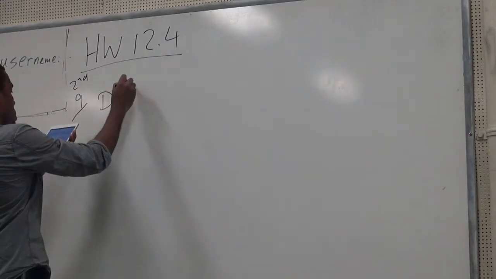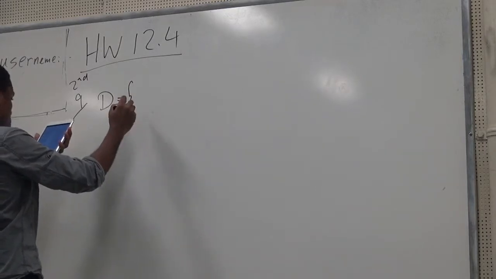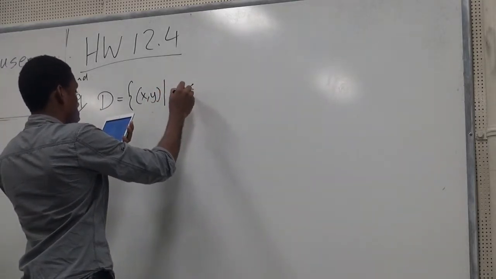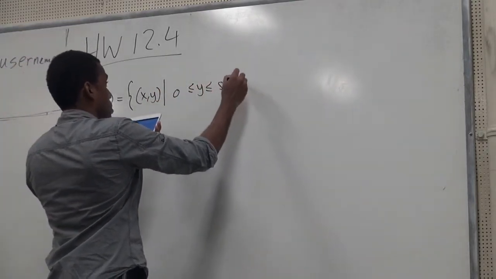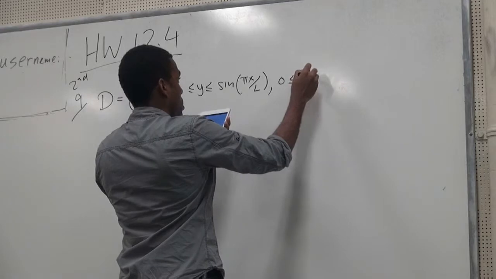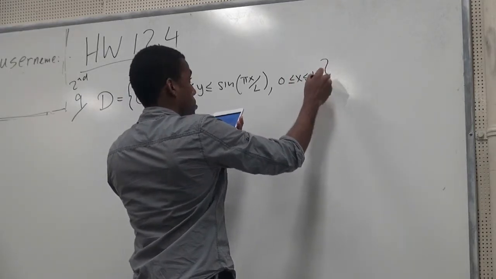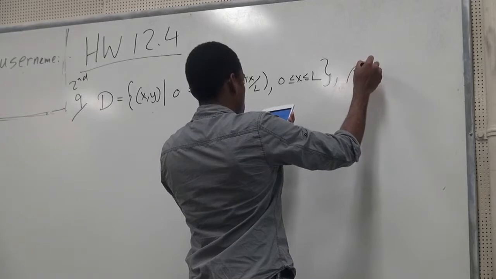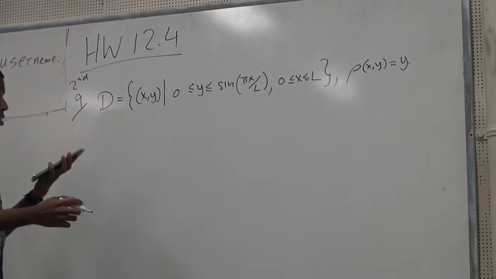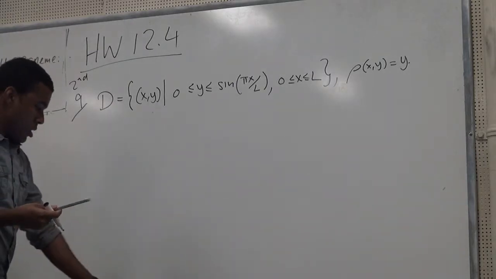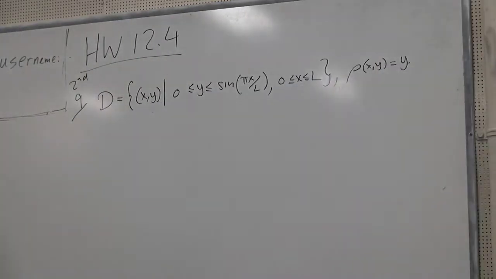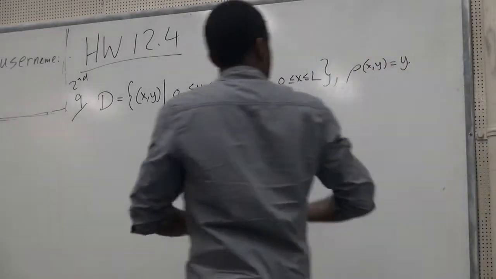Here D is given by all xy such that... Okay, so we want to find the mass and the center of mass for the lamina that occupies the given region with this density function.